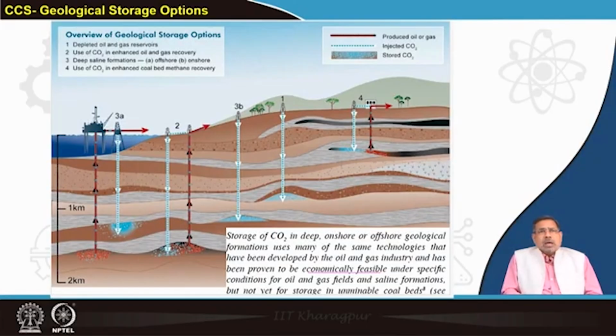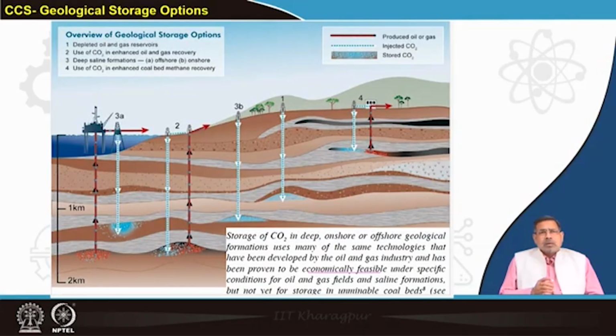And now moving on, in terms of the storage options, as we know, as far as the overview of the geological storage option is concerned, look at the 4 different ways. So one is the depleted oil and gas reservoirs.